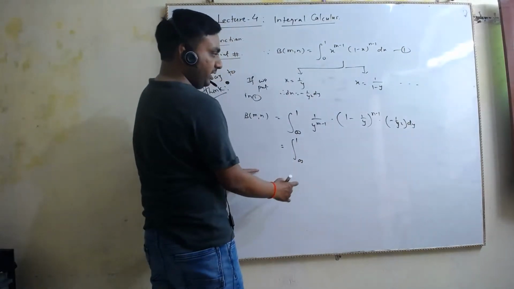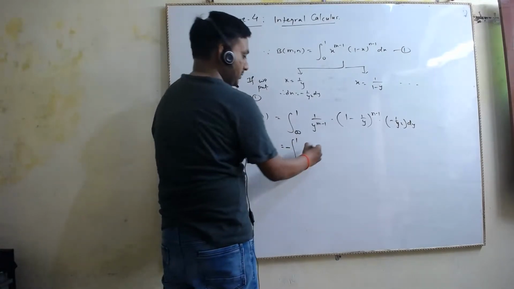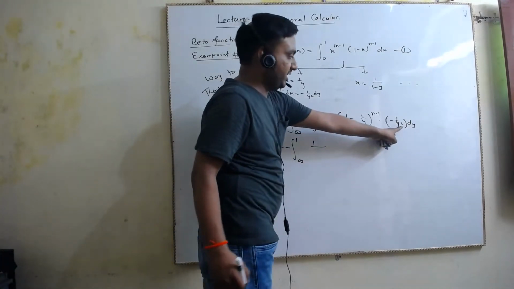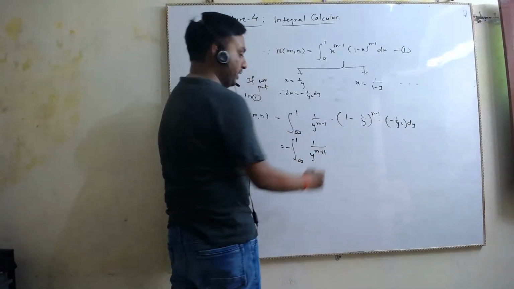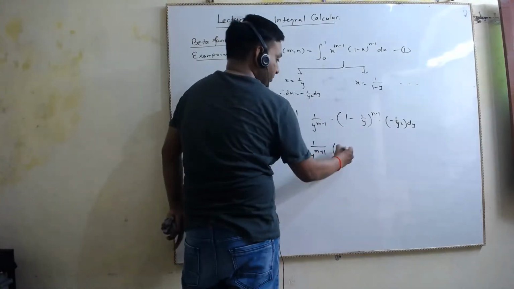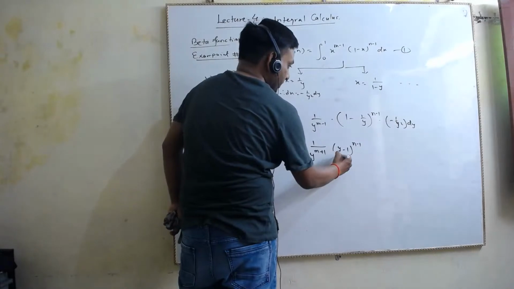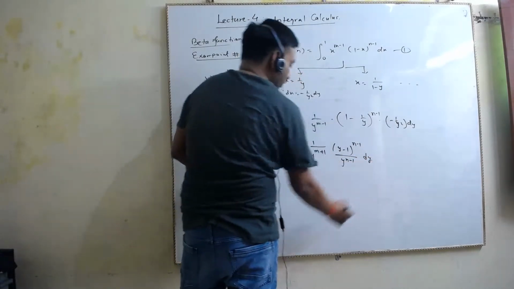So this minus can be written here, 1 upon y to the power m minus 1 here. This is y to the power 2. So this will be y to the power m plus 1, into y minus 1 to the power n minus 1, divided by y to the power n minus 1, into dy.